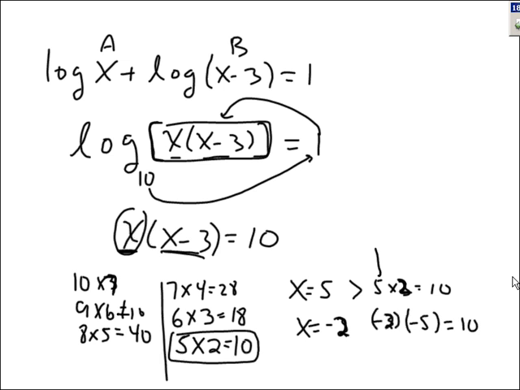That is, you don't just have to have 5 times 2. You can also have negative 2 times negative 5. And if that's x, that's 3 less. So the answers are x can be 5 and x can be negative 2. Those are the possible answers.